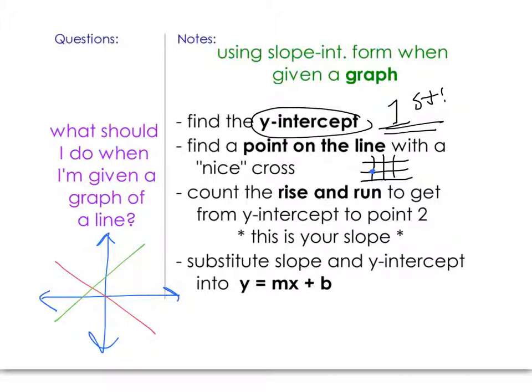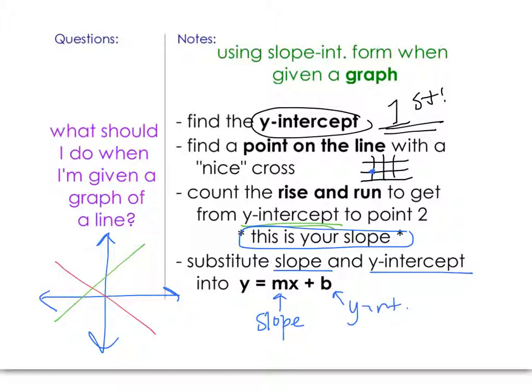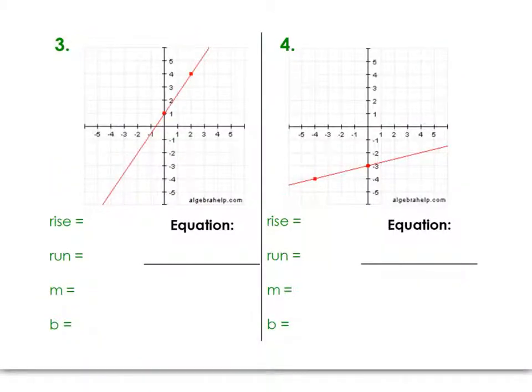Then you want to count the rise and the run to get from your y-intercept to your second point. That rise over run is your slope, and then you can substitute your slope and your y-intercept in for m and b. Let's see what I mean.